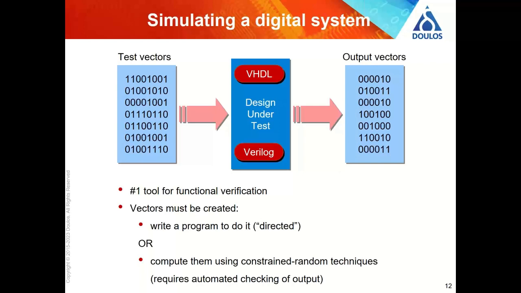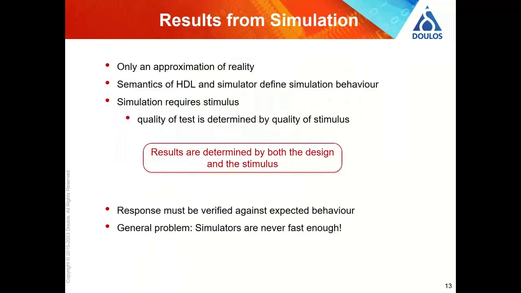Okay, so if we're writing these vectors by hand for a particular sequence of inputs, that's known as a directed test. If we're generating them automatically, then that's where constrained random comes in. So the results we get depend on the nature of the model and the simulation. Okay, so it's an approximation, but that approximation would normally be good enough.